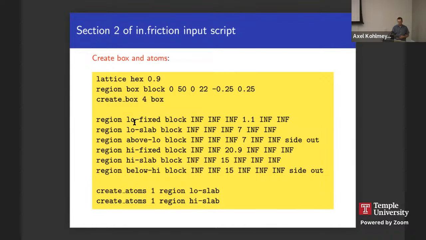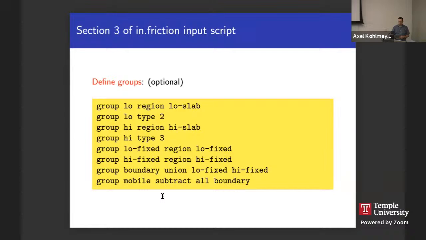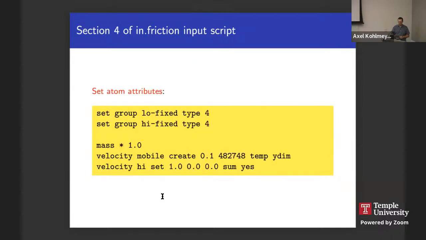We're setting different regions in the box to define different geometric regions, and then we actually create the atoms. We also define some groups. So this is like the boundaries of the walls, and then also the high and low slabs that are moving. We also set some atom attributes. So we set some types, the mass and the velocity.